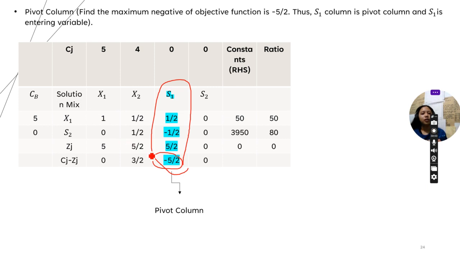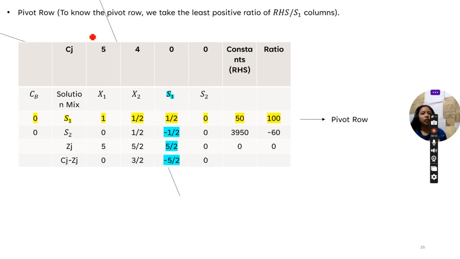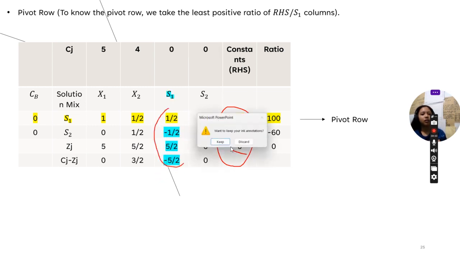Since negative 5 over 2 belongs to S1, these values are already our pivot column. And next step is pivot row. To know the pivot row, we take the least positive ratio of RHS over the S1 column.